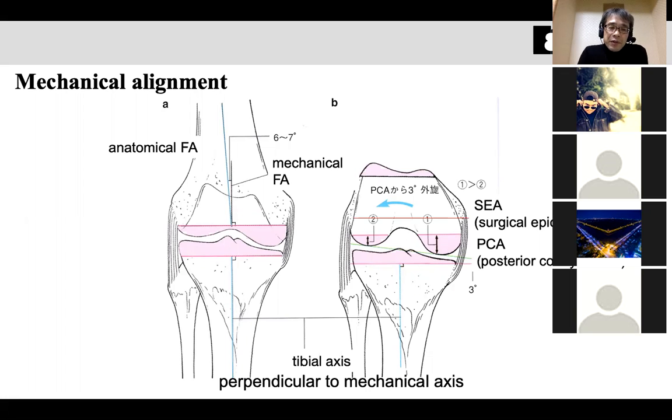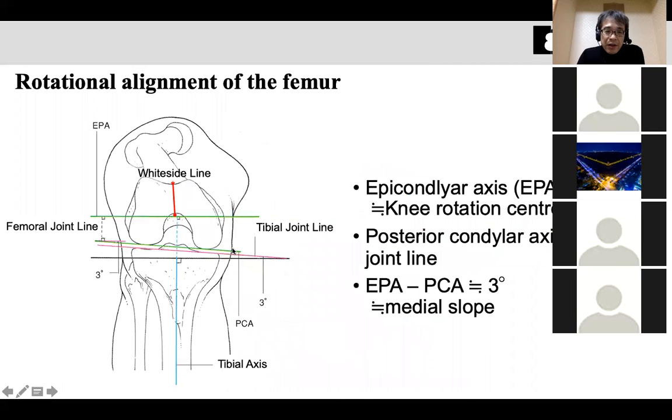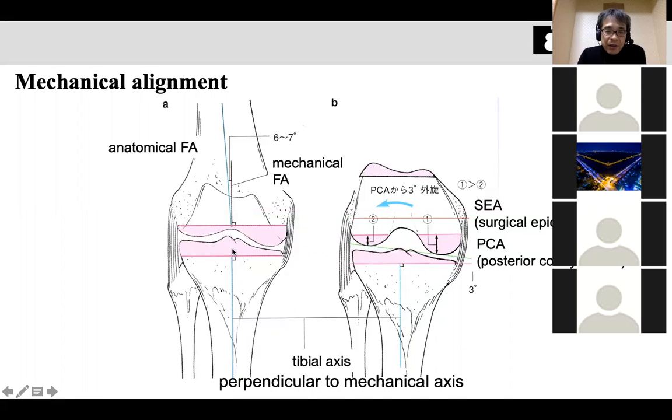As I said before, the joint line slants medially approximately 3 degrees. So generally speaking, the distal cut thickness is thicker on the medial side and thinner on the lateral side. On the other hand, on the tibial side, the lateral thickness is thicker than the medial side.